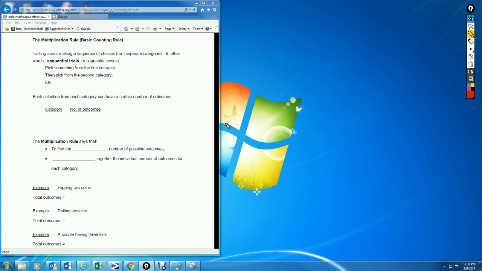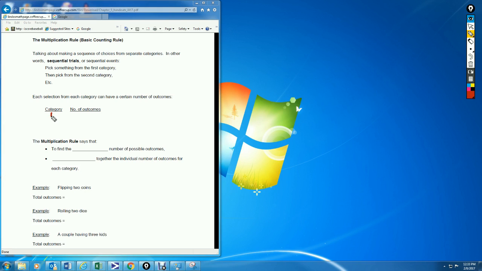So in this case, it's very similar to what we already learned for the multiplication rule for probabilities. We're basically talking about sequential trials or sequential events. So like we're going to pick something from a first category and then pick something from the second category and so on. And each event from each category can have a certain number of outcomes.